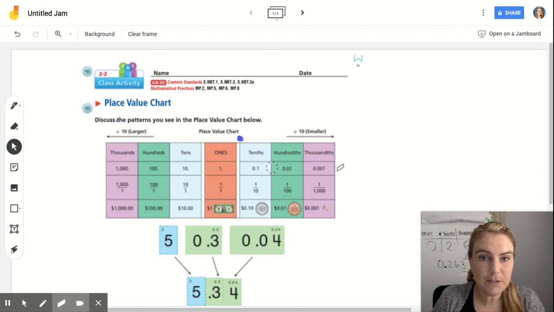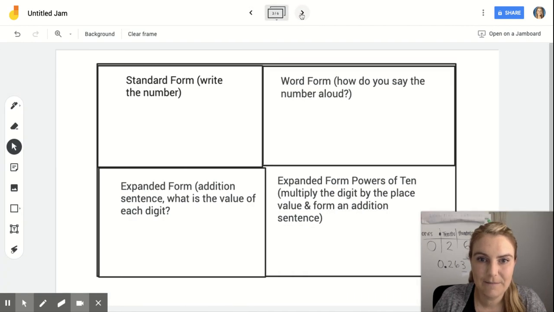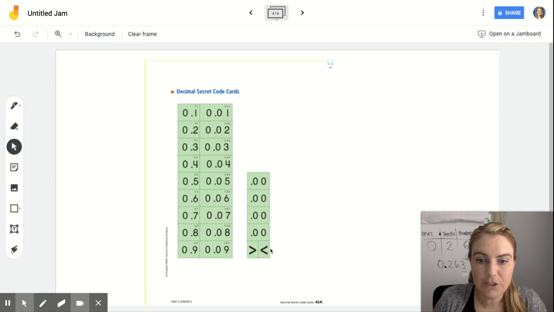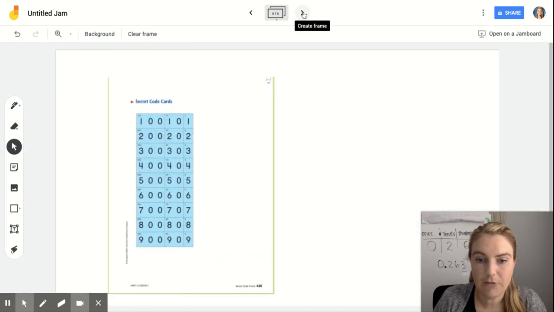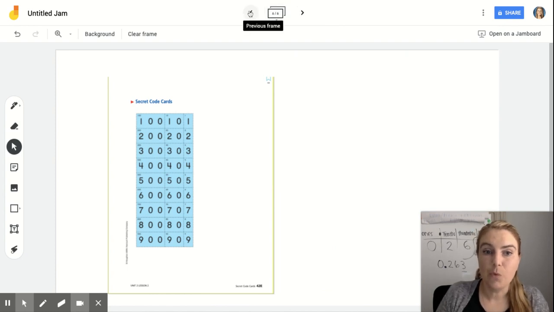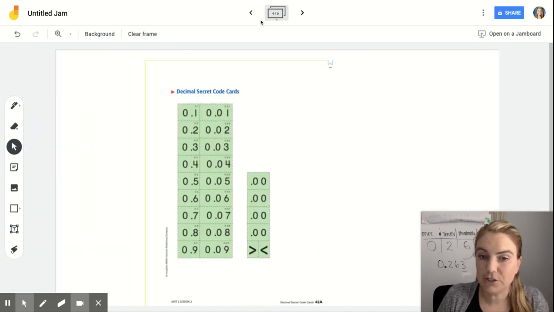Here's what you're going to do. You're going to flip the page in your activity book and find pages 42A, 42C, and 42E. You are going to cut along the dotted lines for all 3 of these pages in your activity book.